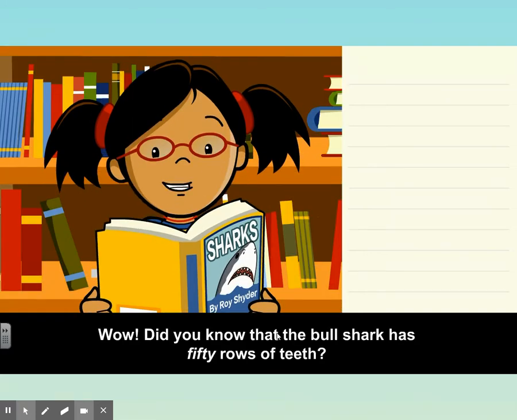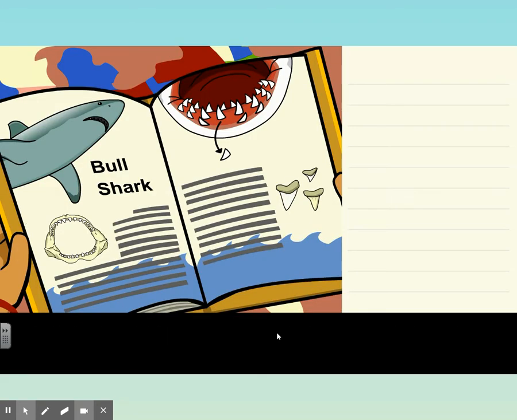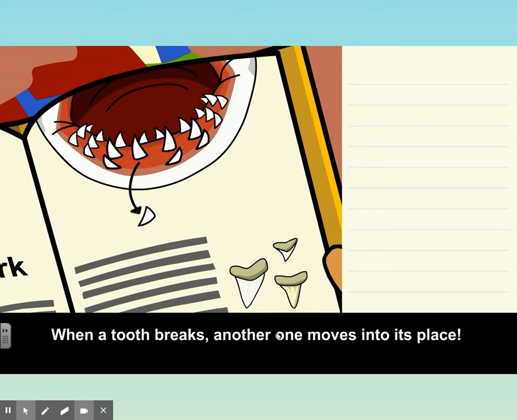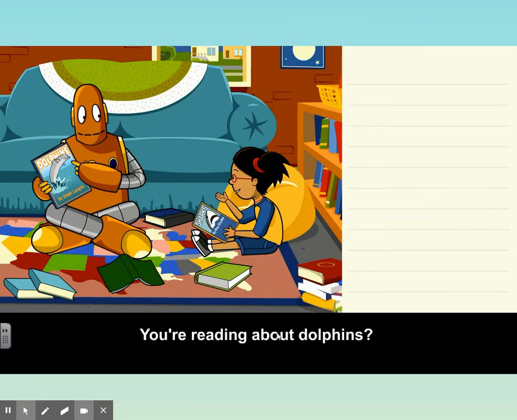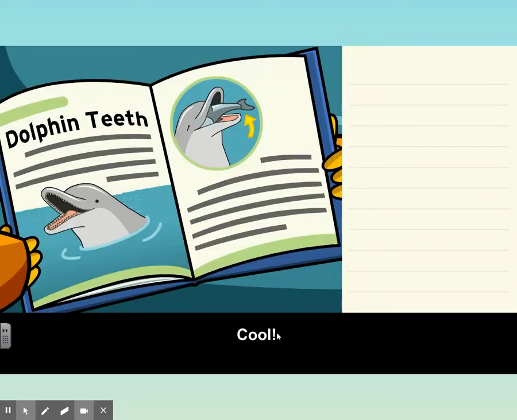Wow, did you know that the bull shark has 50 rows of teeth? Bull sharks use their sharp teeth to bite and tear fish, turtles, and other prey. When a tooth breaks, another one moves into its place. You're reading about dolphins? Cool!